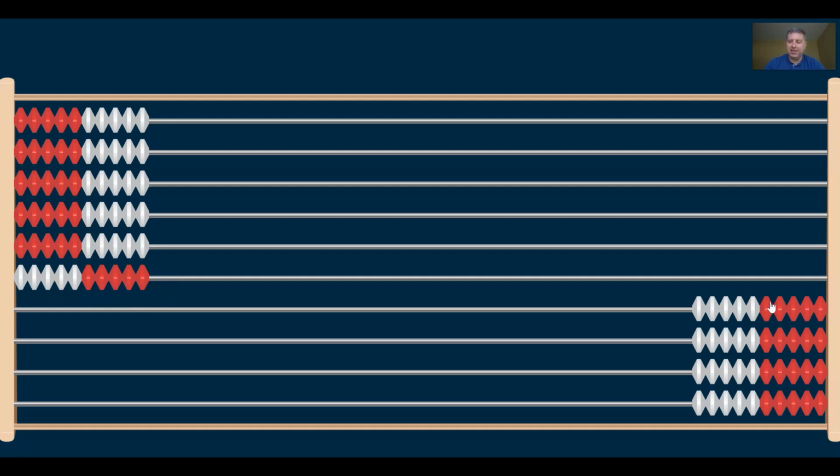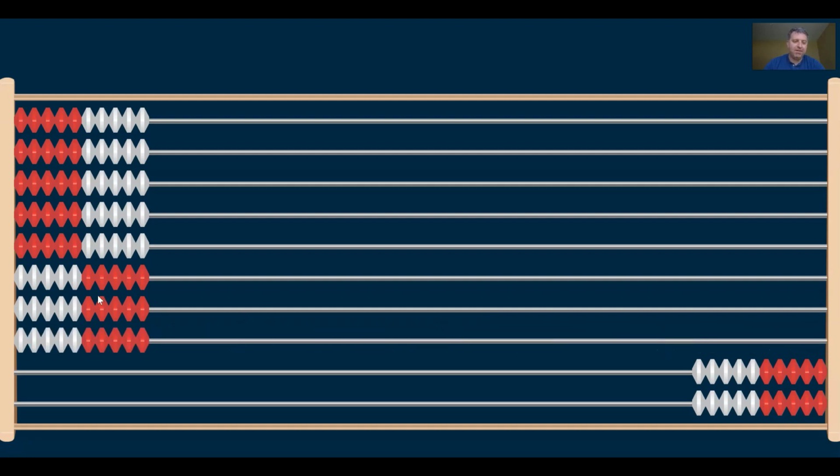60, 70, 80. How many tens is that, friends? Let's count. 1, 2, 3, 4, 5, 6, 7, 8. 8 tens or 80. Say 8 tens is 80. 8 tens is 80. Very good. All right, here's 80.